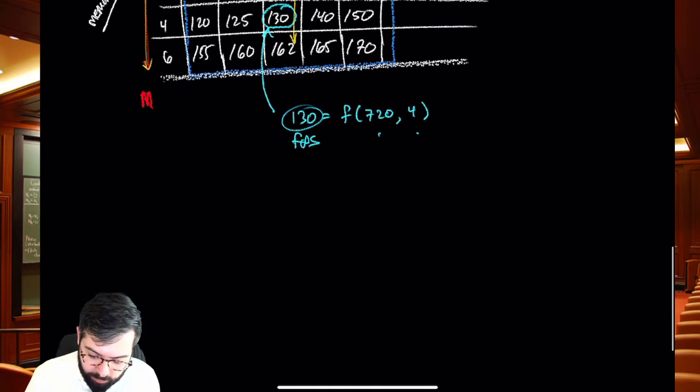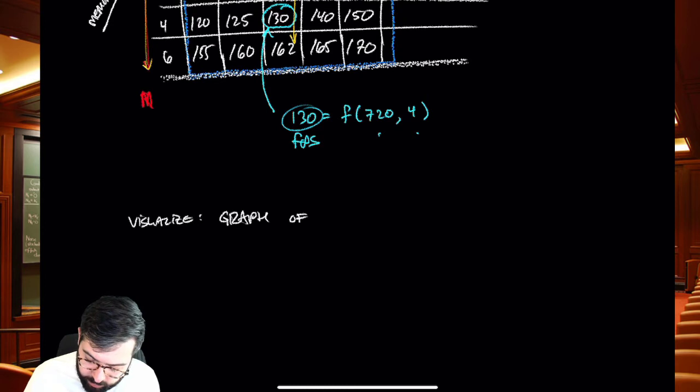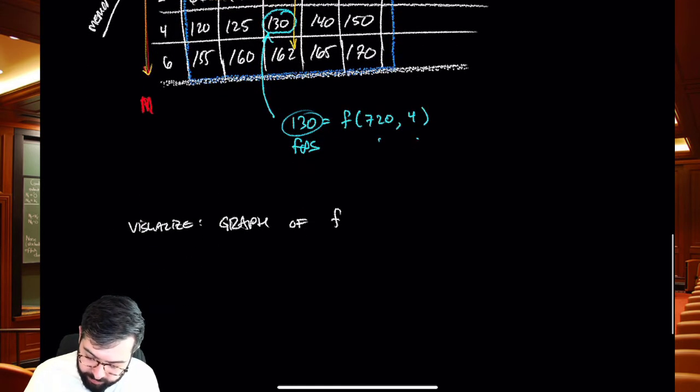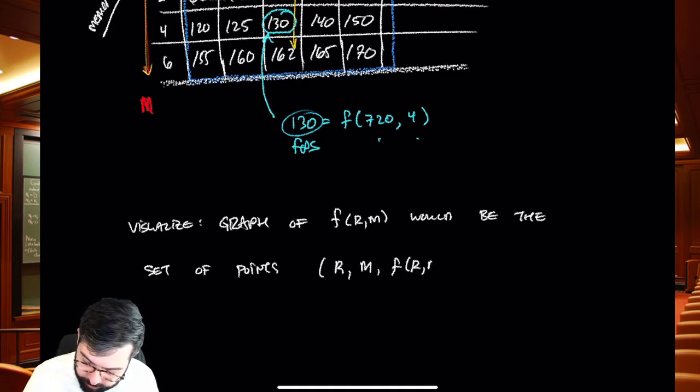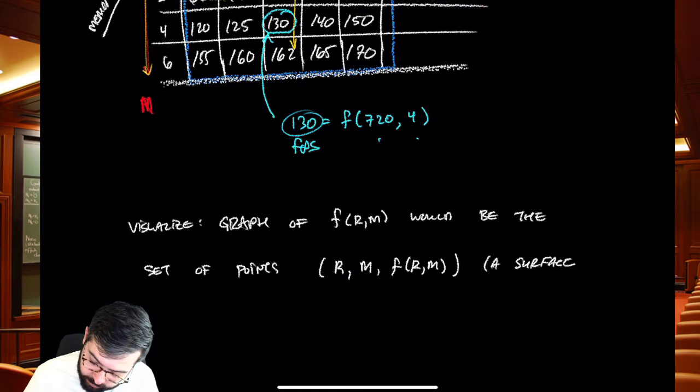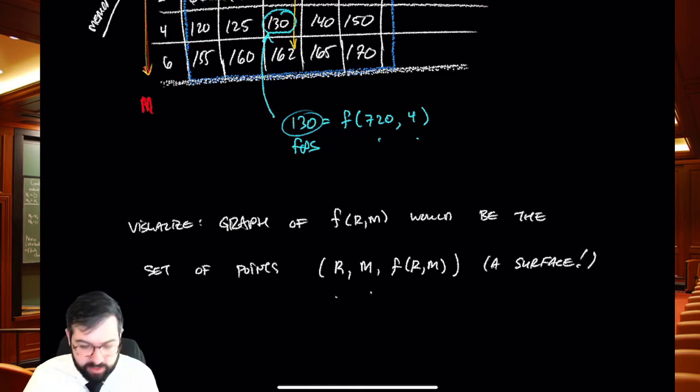And to visualize what this would look like, the graph of, did we call this F? Yeah, F of R, M, would be the set of points. Let's back it up. R, comma, M, comma, F of R, M. So this would be a surface where your x coordinate is given by resolution, y is memory, and then your z is the FPS.